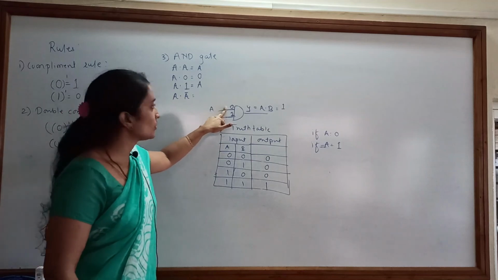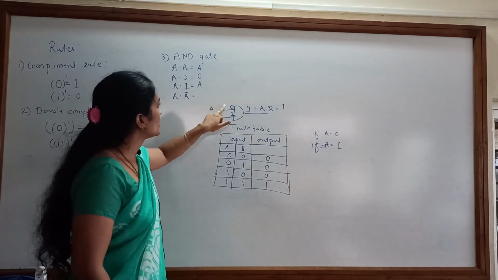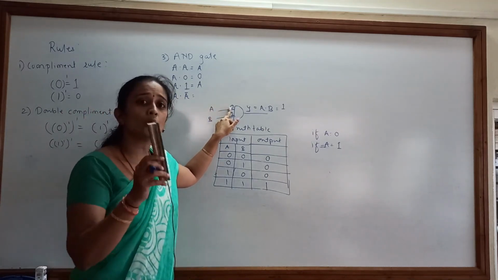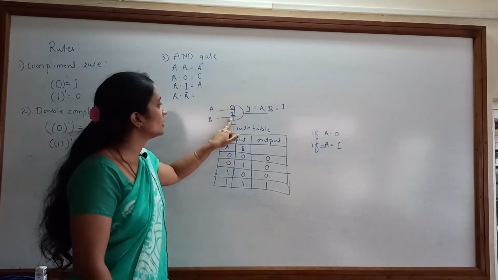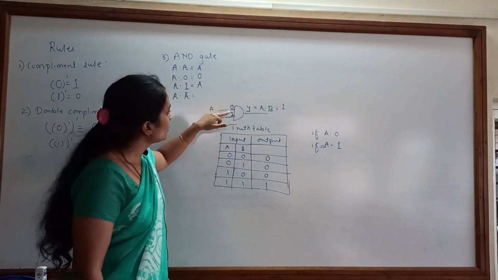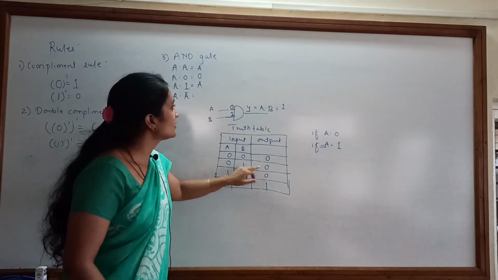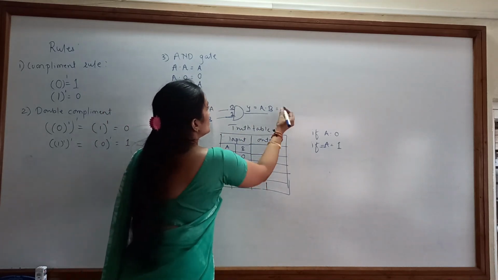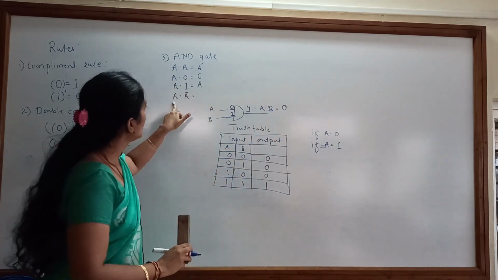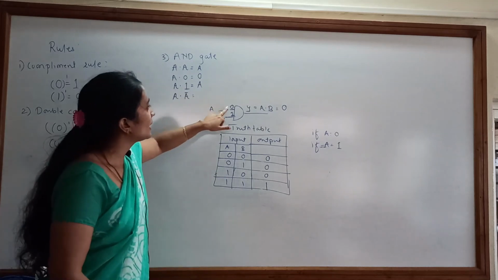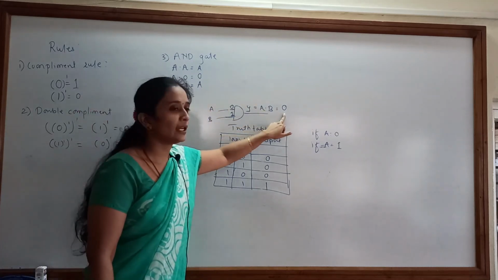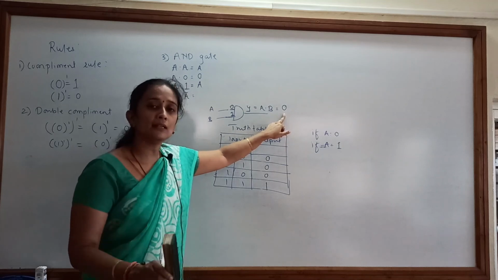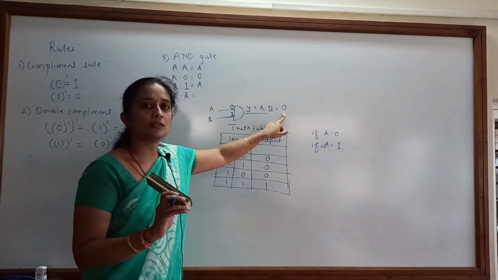If A is equal to 0, A into A complement. What is A complement? 0 complement is 1. Therefore, here we will write 1. 0 into 1 is 0. Therefore, we will get 0. A into A complement, when A is equal to 0, we will get 0.